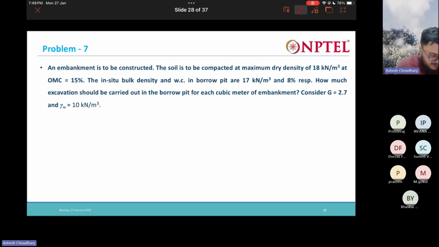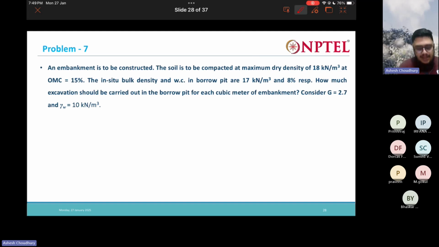We will have to go a little bit faster. The embankment to be constructed, the soil is to be compacted at maximum dry density of 18 kilonewton per meter cube at an optimum moisture content of 15%. That means at water content of 15%, you need to compact the soil to a dry density of 18 kilonewton per meter cube.